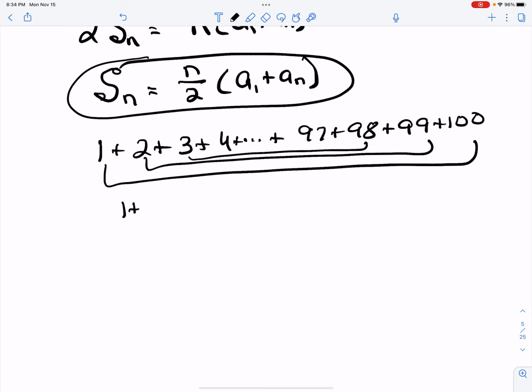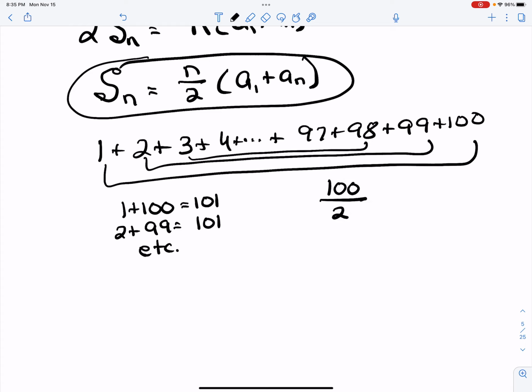Each pair adds up to 101. And you realize quickly that there's 50 pairs, because there's 100 numbers, but cut that in half, and you have 50 pairs. So you have 50 times 101, which is 5,050.